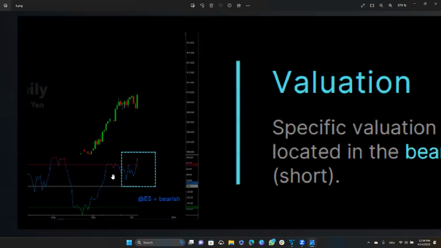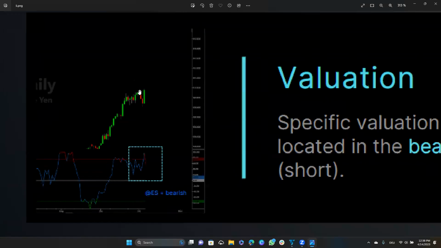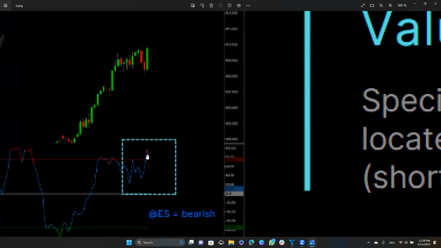And you see, guys, the S&P 500 and the hanging man here. A hanging man is not visible because it is a daily time frame. Valuation works only on the daily time frame, but this is the daily. This is a hanging man candle here. And look, the S&P 500 is bearish, right?